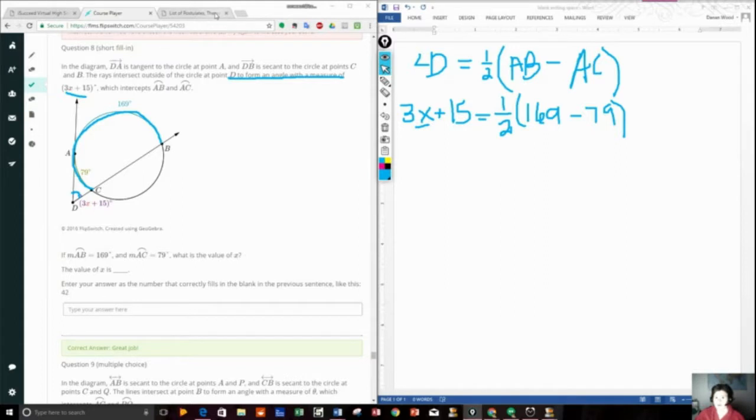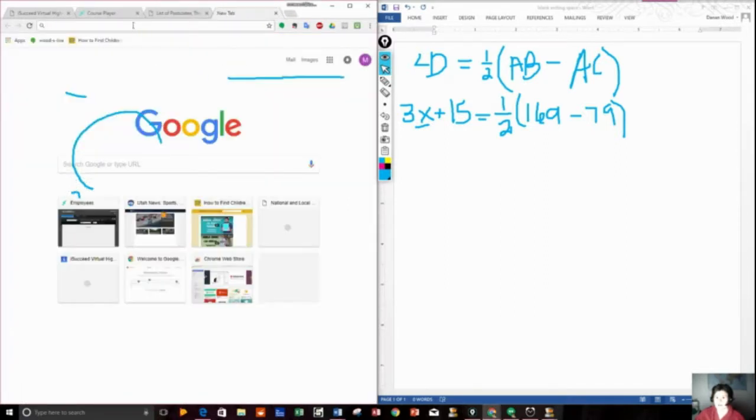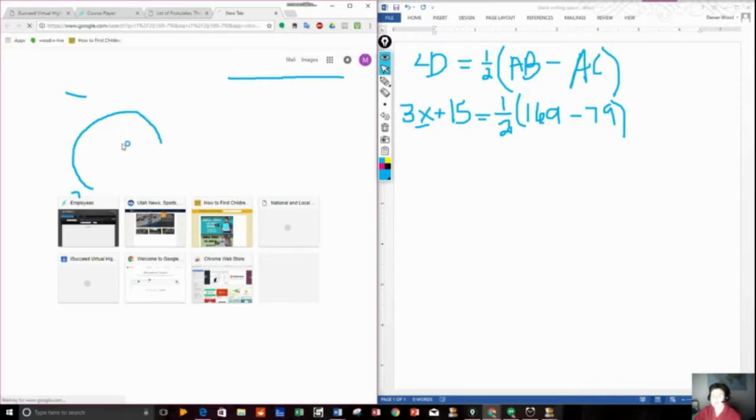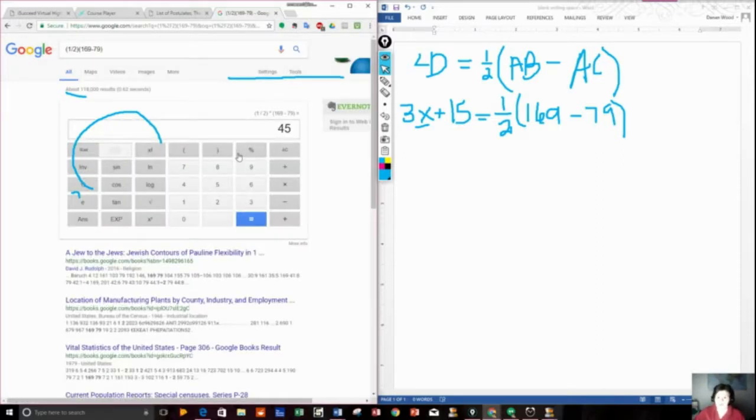I can go over here and click on a calculator, and click in parentheses 1 divided by 2, that's 1/2, times parentheses 169 minus 79. Again, I'm solving this one this way because it's all numbers, so I can find what that value is. So 1/2 of 169 minus 79 is 45.